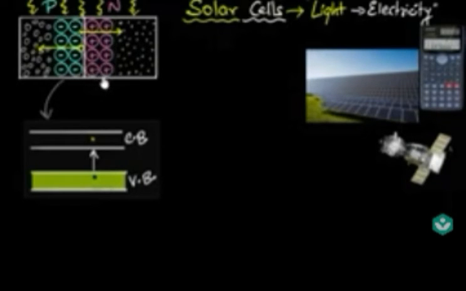This is the electric field generating region. As a result, the holes accumulate in the p type, and a lot of positive charge accumulates here, so the p type becomes positively charged.